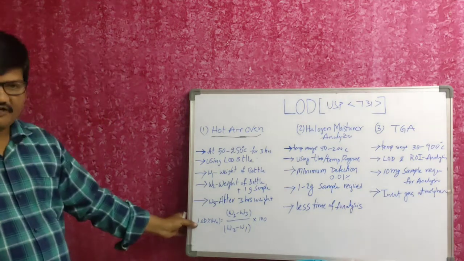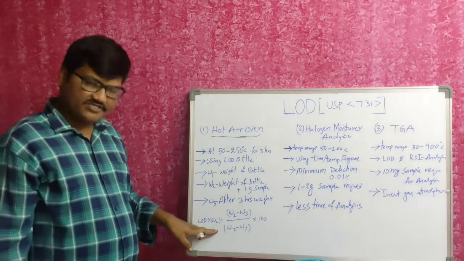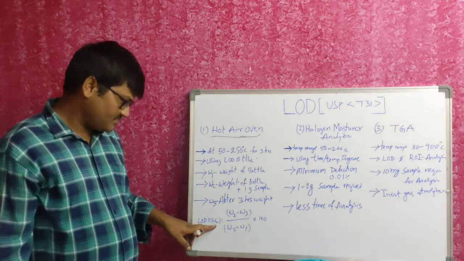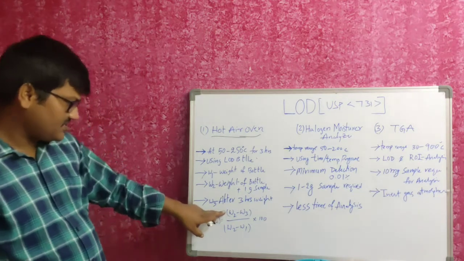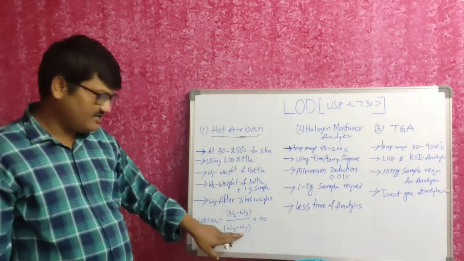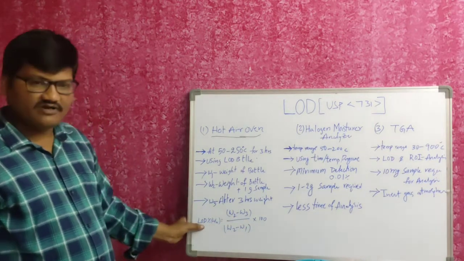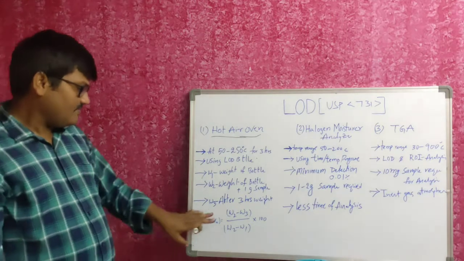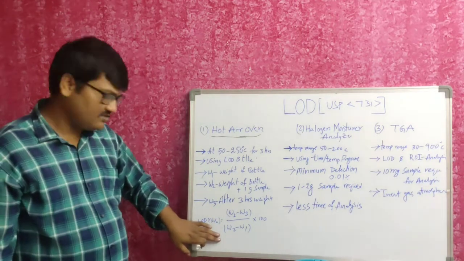We have a formula for calculating the loss on drying. It is purely weight by weight percent: loss in the sample, W2 minus W3, divided by the net sample weight, W2 minus W1, into 100. By using this formula, we can estimate the percentage loss on drying of a pharmaceutical product.